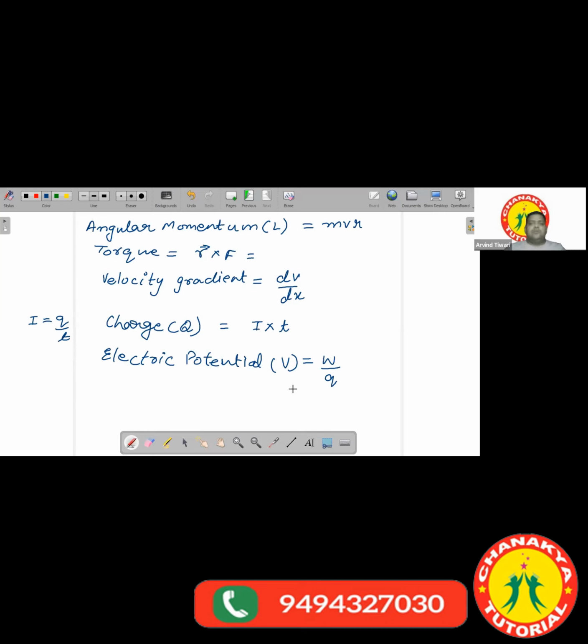Okay, so just check it. Those who have done, they should check it. The first one you should get is T minus 1. For this, you will be getting M L2 T minus 2.